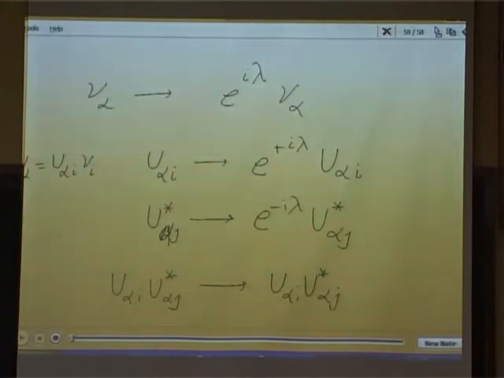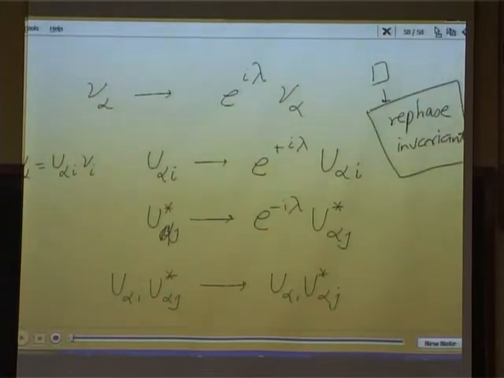So the bracket is what is called a rephasing invariant. What this means is that if you are allowed to change the phase of nu alpha, nu beta, whatever, do whatever you want, the value of the bracket will not change.